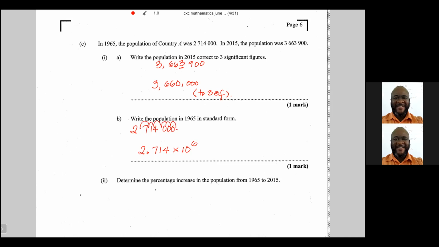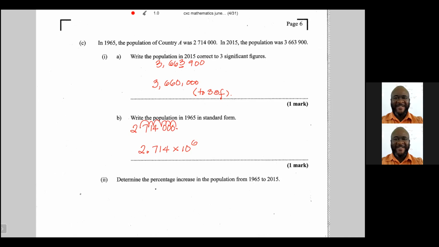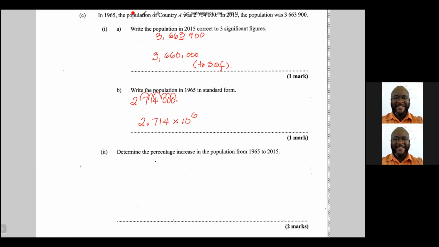So it's 2.714 times 10 to the 6, written in standard form. It says determine the percentage increase in population from 1965 to 2015. Well, percentage increase would be the increase over the original amount times 100%.